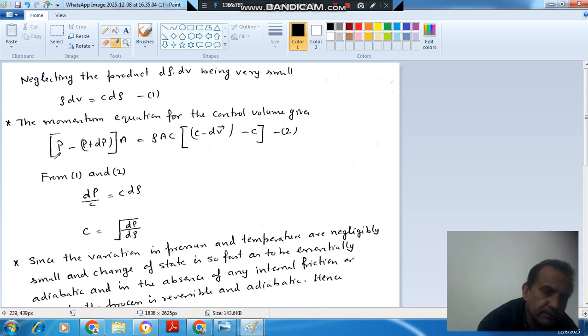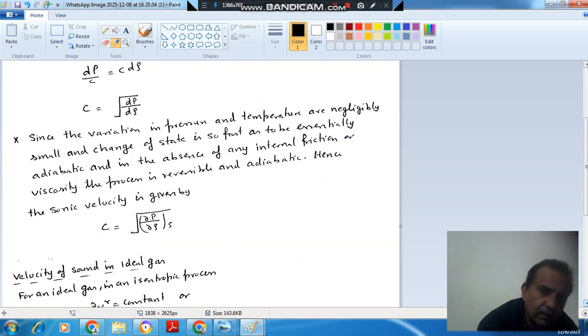Now from the momentum equation we have p minus p plus dp within bracket A is equal to rho A c bracket c minus dv minus c. From equations 1 and 2, dp by d rho is c square, and c is equal to root dp by d rho. Since the variations in pressure and temperature are negligibly small, and the change in state is so fast that it is essentially adiabatic, and in the absence of any internal friction or viscosity, the process is reversible and adiabatic.